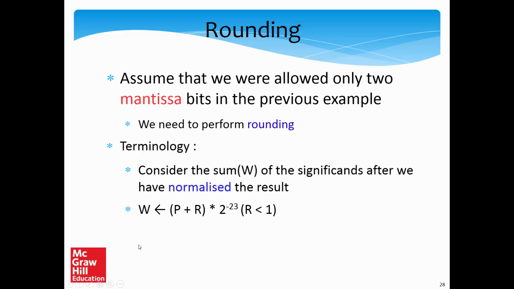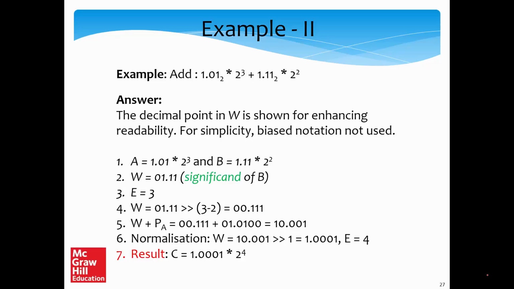Let us now discuss a very tricky issue in the world of floating point math. So let's discuss rounding. Assume that we were allowed only 2 mantissa bits in our previous example. So we can store only 1.00 and we need to discard these 2 bits.